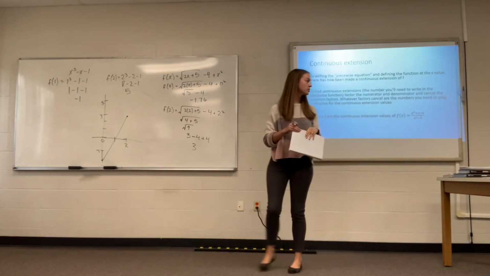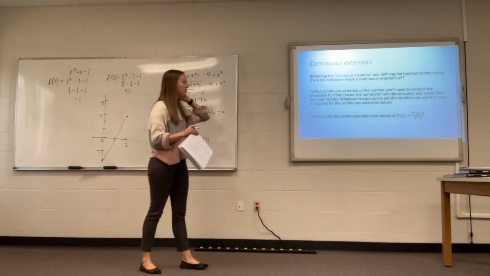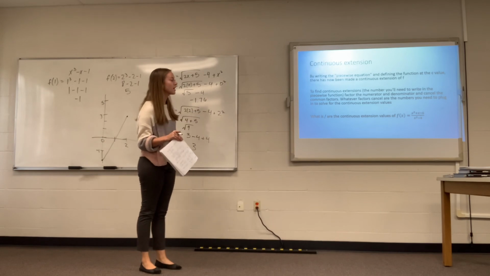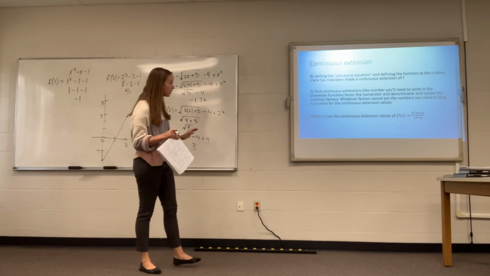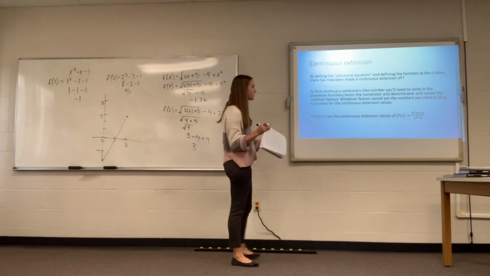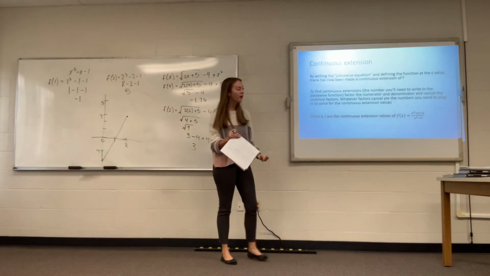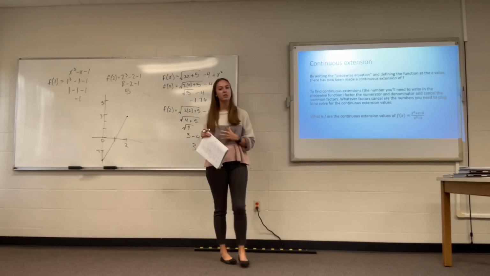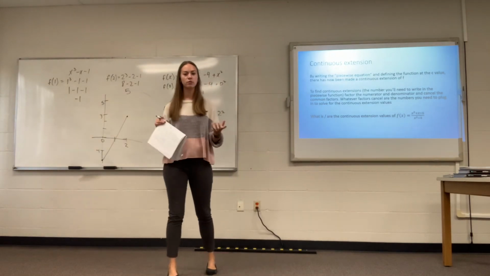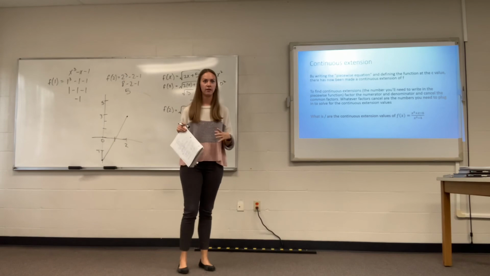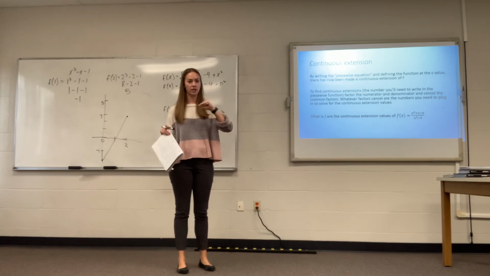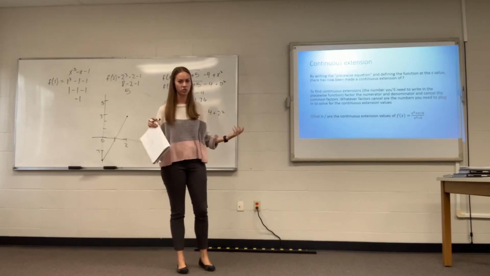So my example down here on the bottom, I'm going to use x squared plus x minus 6 over x squared minus 4. So the easiest way to write our new piecewise equation and figure out what our continuous extension is. A continuous extension is just literally the name of that point you're going to put in the graph to make the function continuous.